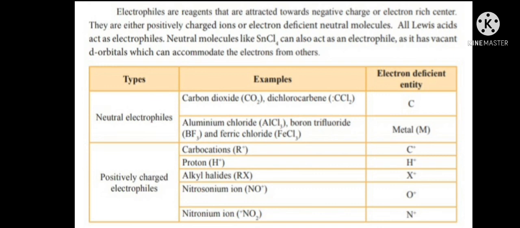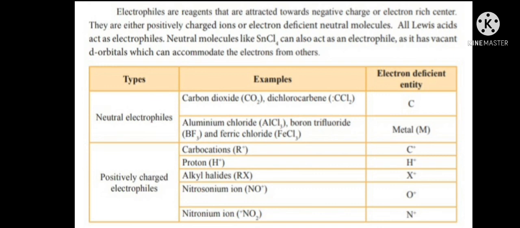Next one, positively charged electrophile. Carbocation, it is given by R plus. Here the electron-deficient entity is C plus. Next one, proton, it is given by H plus. The electron-deficient entity is H plus. Next one, alkyl halides, it is given by RX.